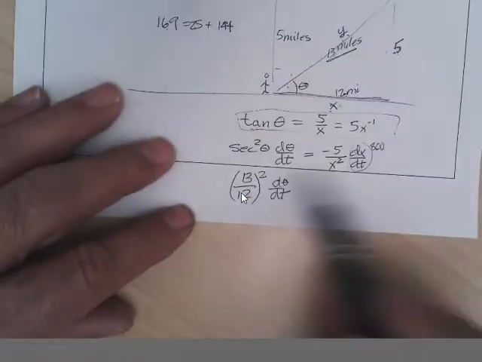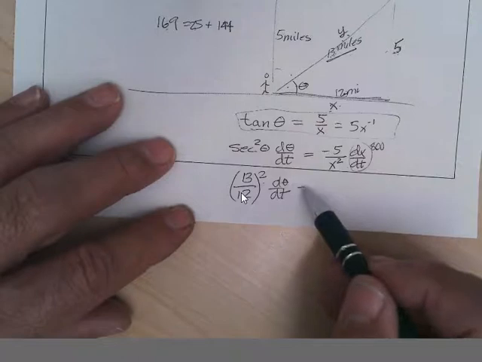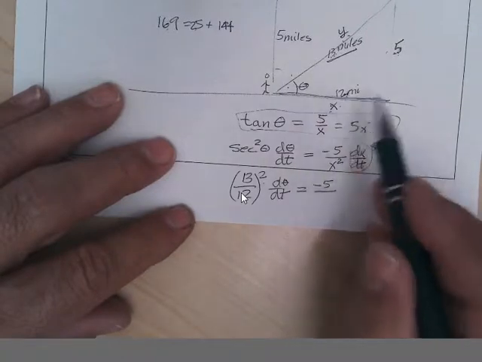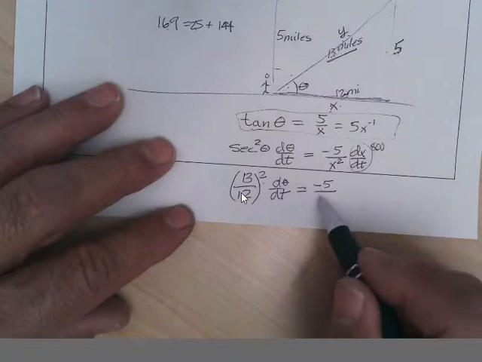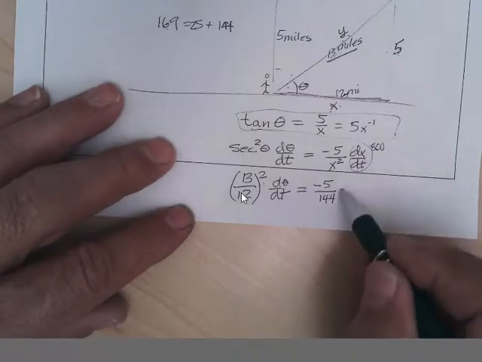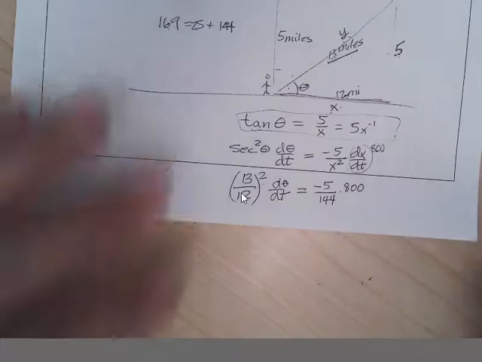At what rate is the angle of elevation changing? That's this. Equals minus 5 over x at this instant, so that's over 12 squared, or 144, times 800.